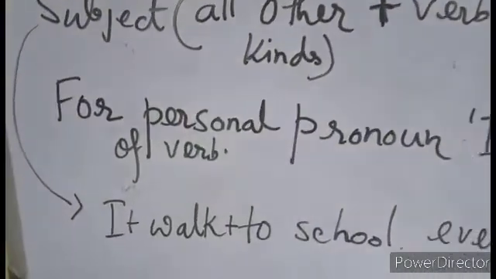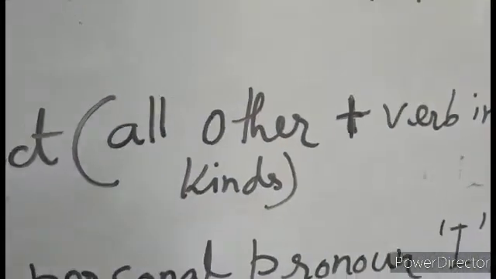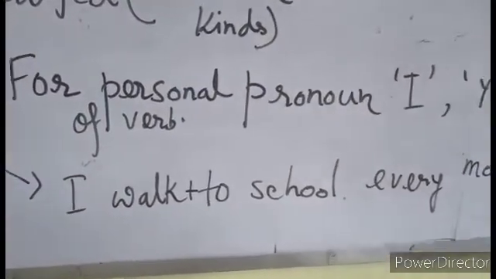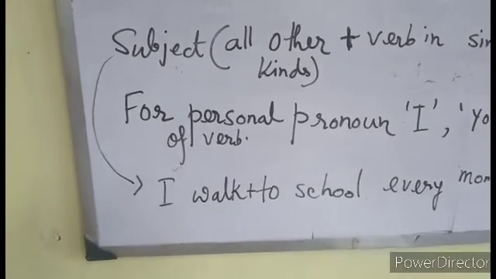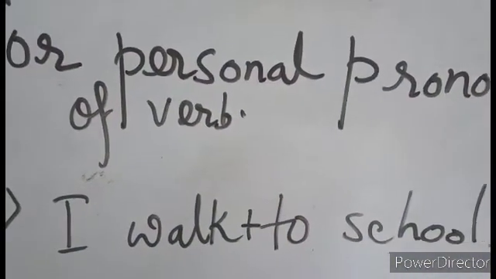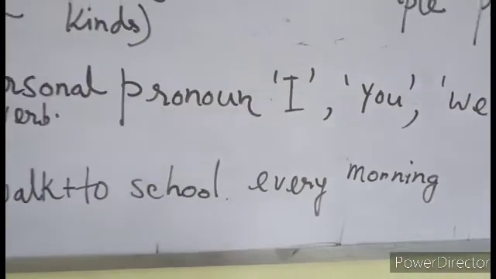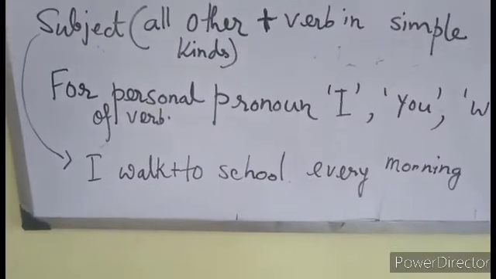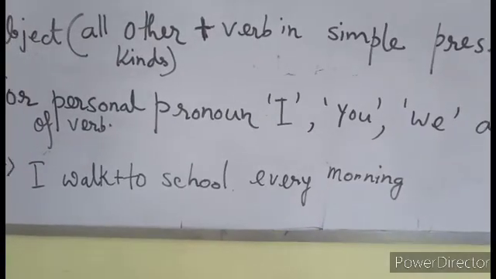So let's take an example. I walk to school every morning. Here, I is not third person singular number, it is first person. See, walk is the original form of the verb. Then the rest of the sentence, to school every morning. This is the full sentence.